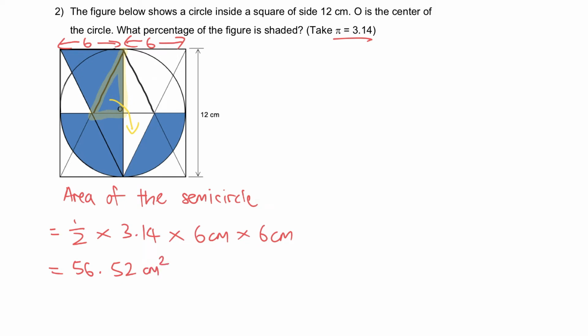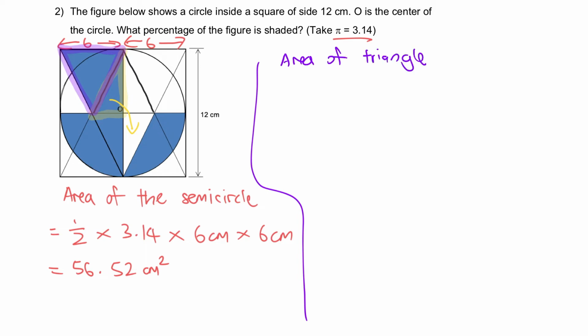Next, we are going to find the area of this triangle over here. Area of triangle is equal to half times the base, which is 6.